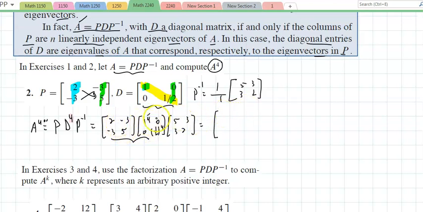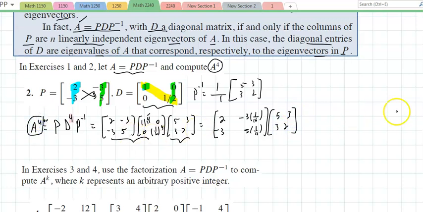So that would be 2 minus 0, that's 0. 0 minus 3 times 1, 2, 4, 8, 16, and that will be negative 3 times 1 to the 4th, that's negative 3 plus 0, that's a negative 3, and 0, 5 times 1 over 16, and you still have to multiply that by 5, 3, 3, 2. So A raised to any power is simply the product of three matrices.